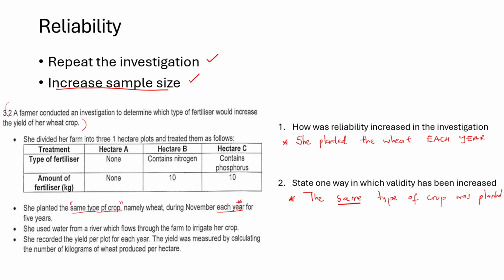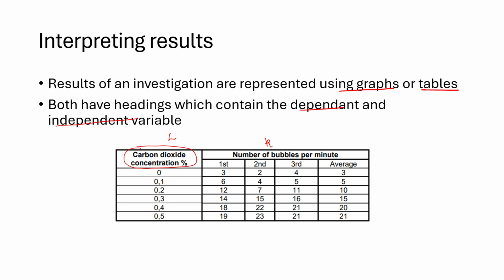Okay, so here it is evident what the independent variable is. You can see that the carbon dioxide concentration has been changed. It was 0 at first, now it is 0.1, now 0.2, now 0.3, now 0.4, now 0.5. So do you notice that it is changing? Remember that an independent variable is a variable that changes so that we can get our results.